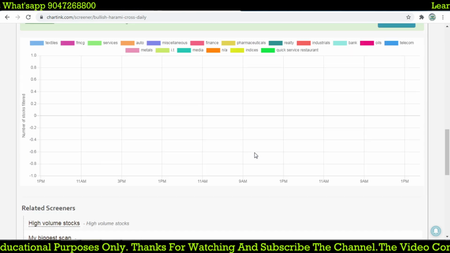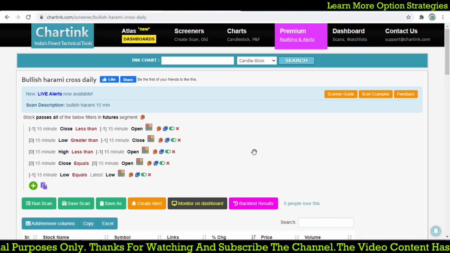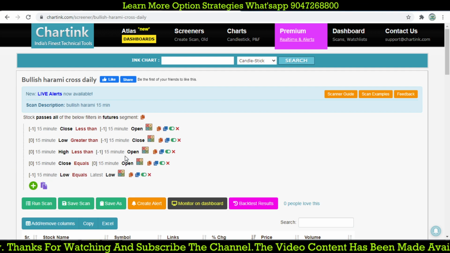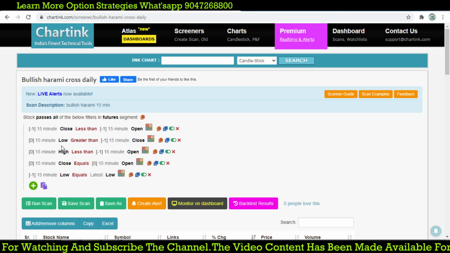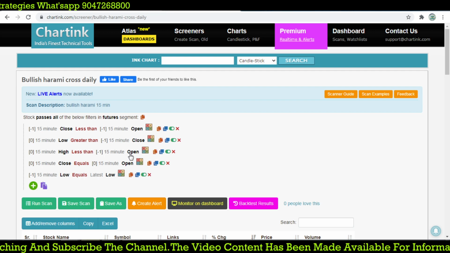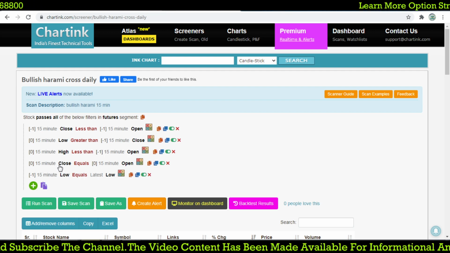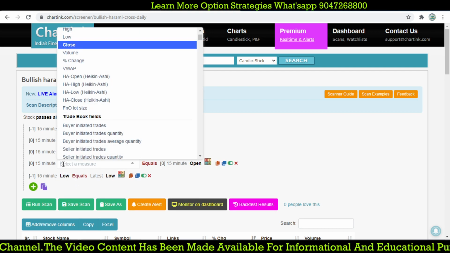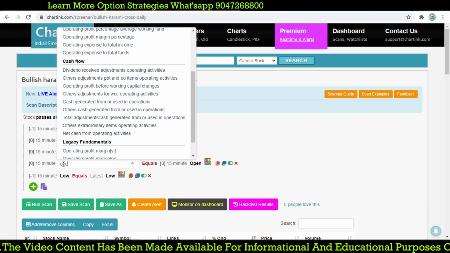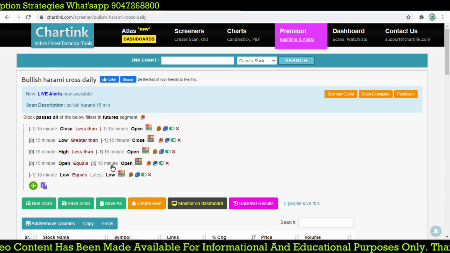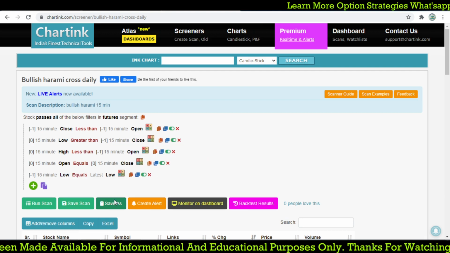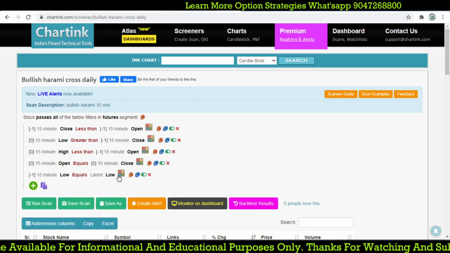If any stocks are found. I think we made a mistake somewhere. 15 minutes high less than minus 1 15 minutes open, 15 minutes low greater than, so this is still right. 15 minutes close equal to 15 minutes open, 15 minutes low equal to latest low.